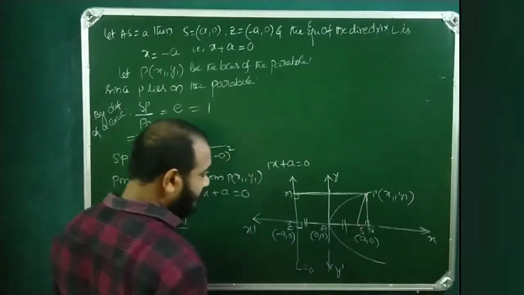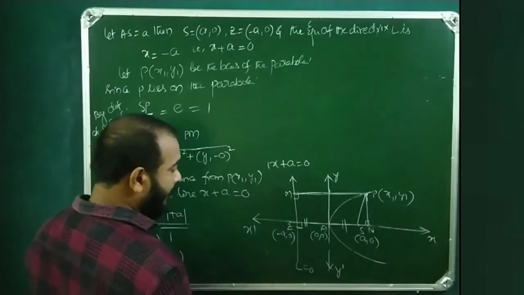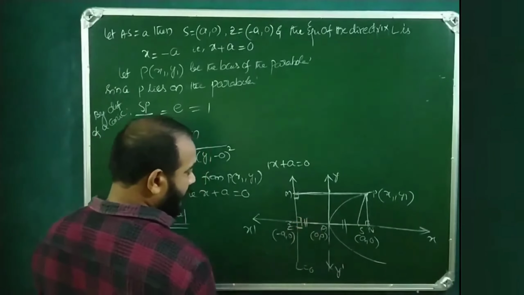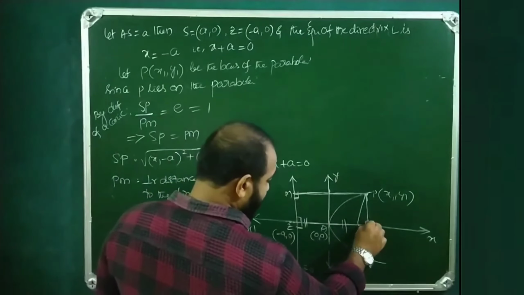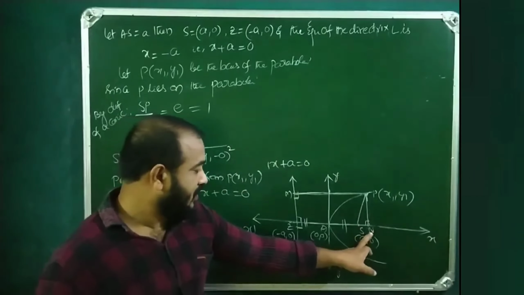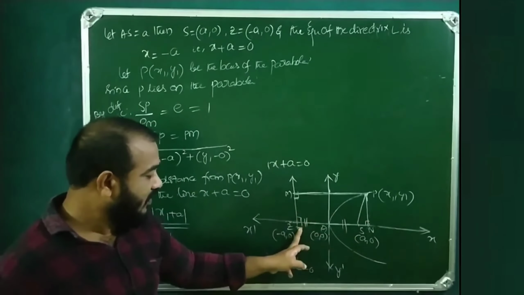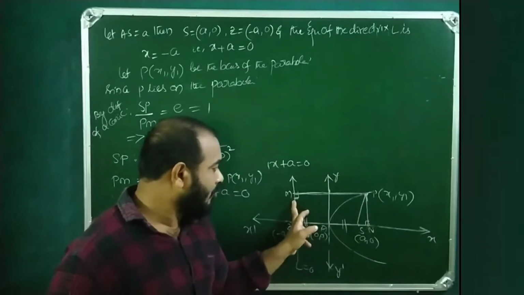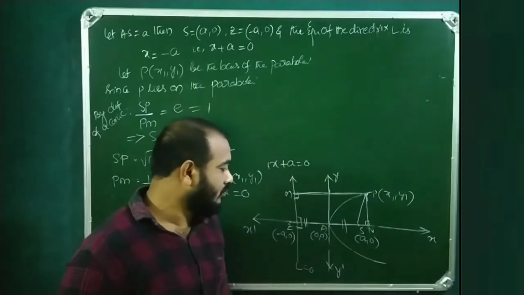PM is equals to this NZ. Why? Because this is the perpendicular and this is also 90 degrees. And this is also 90 degrees. N is the projection, M is the projection, and Z is the projection. N is the projection of P, M is the projection of P on L equals to 0.